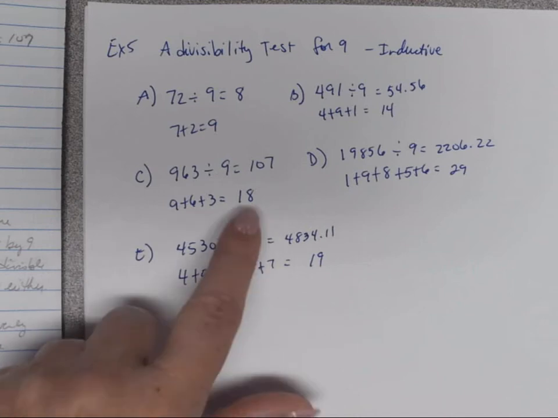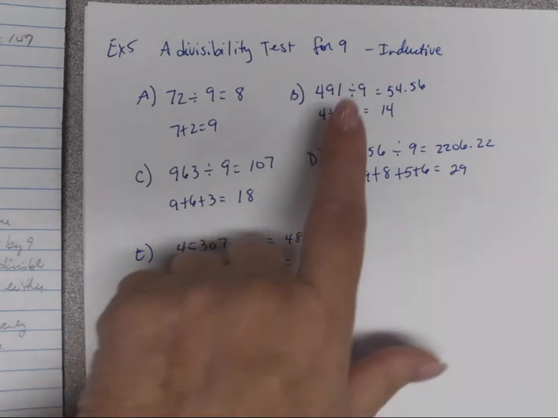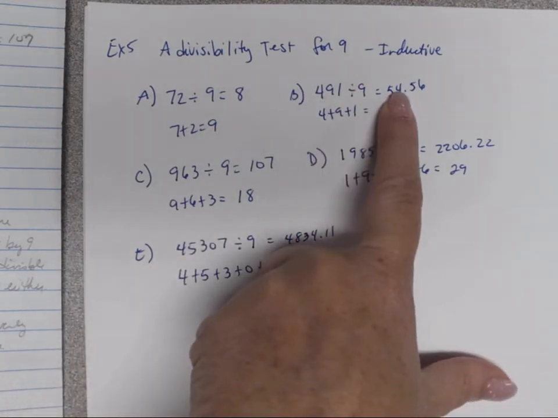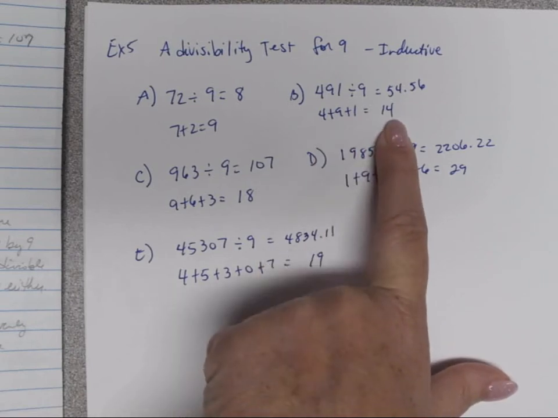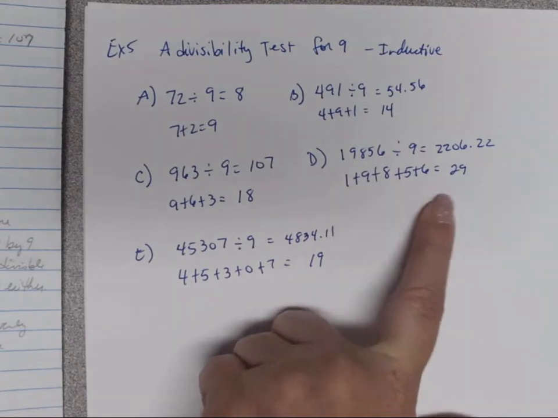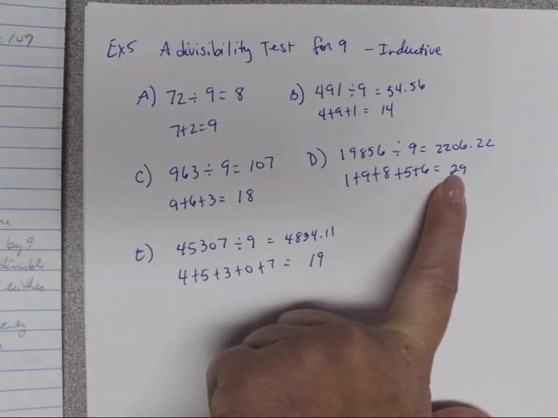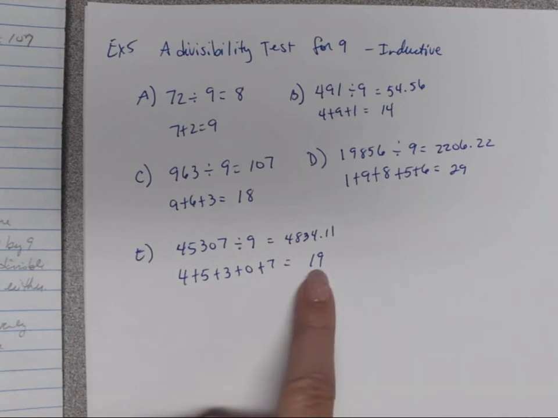So it divides evenly by 9. But if we look over here where it didn't divide by 9, when we add it, 14 is not divisible by 9. We would get a decimal, not a whole number. Same thing happened here. 29 divided by 9, we would also get a decimal answer. And here we would get 19 divided by 9. It would also be a decimal answer.